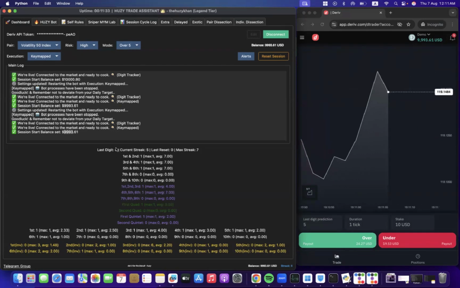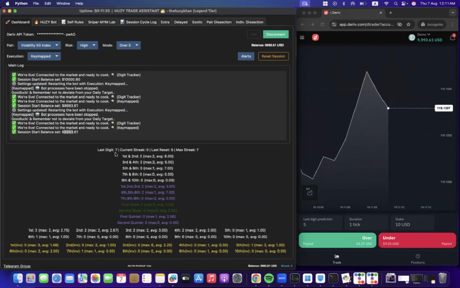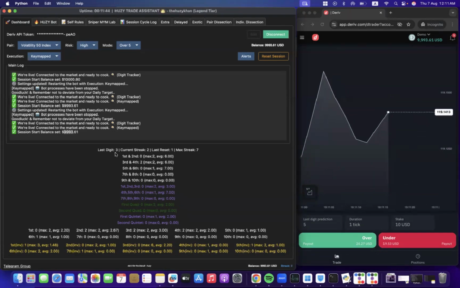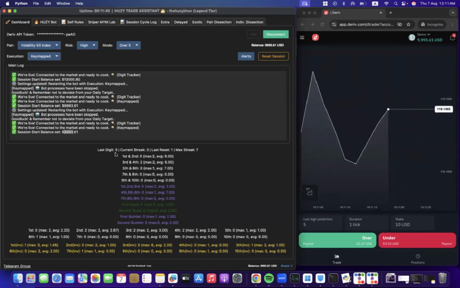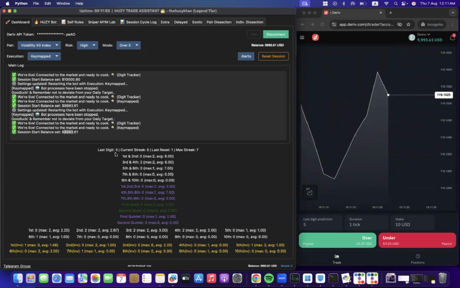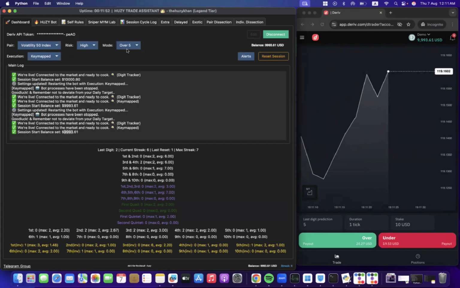Since we're trading over 5, we want this last digit to be either 6, 7, 8, or 9 for us to win a trade. And if it is something like 0, 1, 2, 3, 4, that means we are going to be losing the trades. Those are the losing digits for this particular mode.